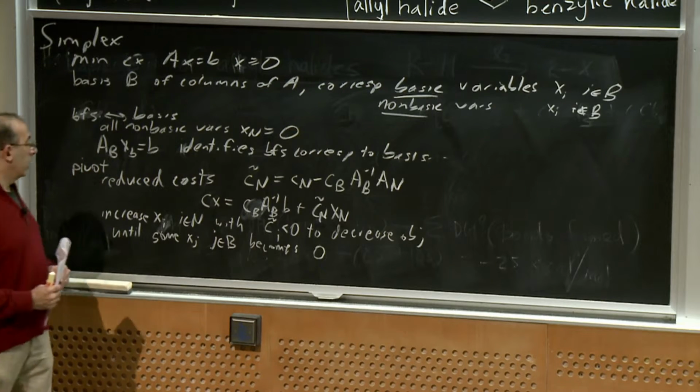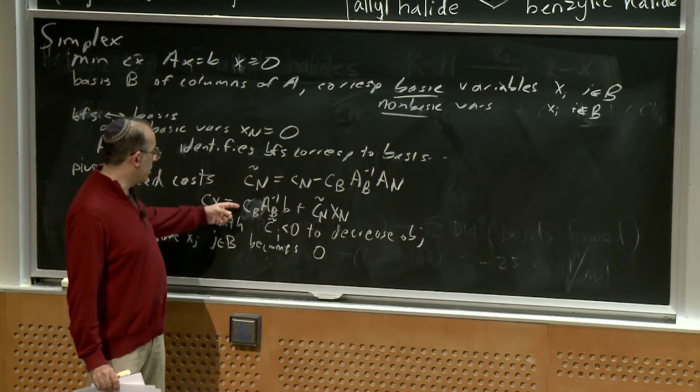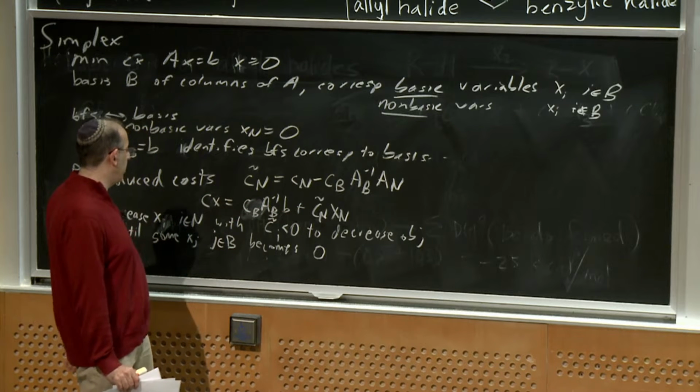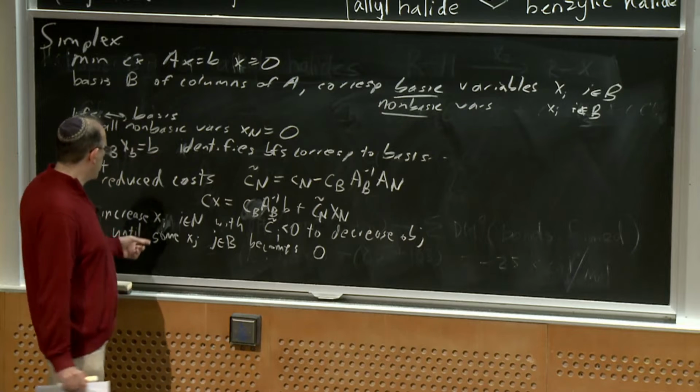And that can't make the objective function worse because our objective is expressed only in terms of the non-basic variables and we're increasing something that has a negative coefficient. And so that's what's called a pivot.